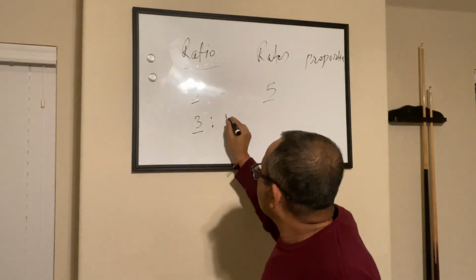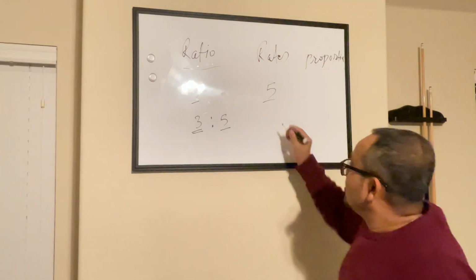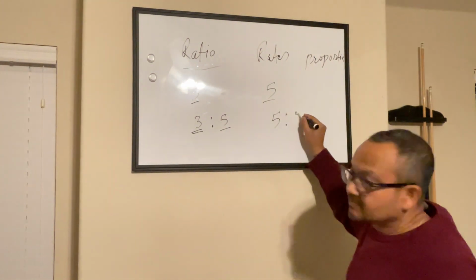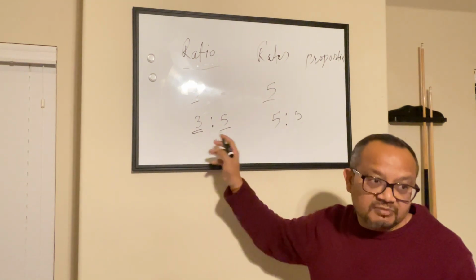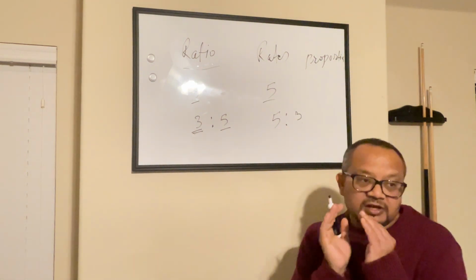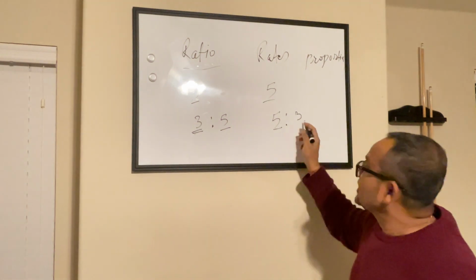Ratio is a way to compare 3 against 5, or 5 against 3. When you're saying 3 against 5, it's a smaller number against a larger number. So it will be a smaller portion of it or subset of this, and the other is like a superset.